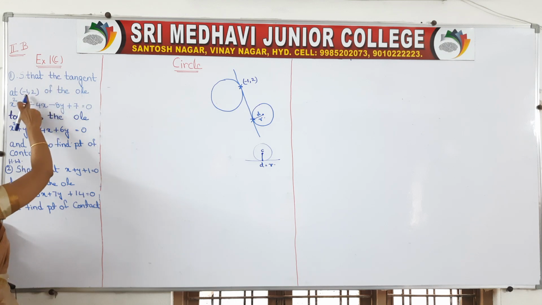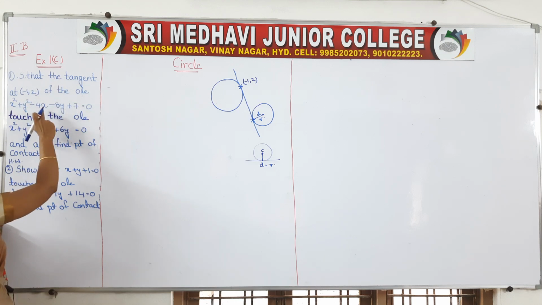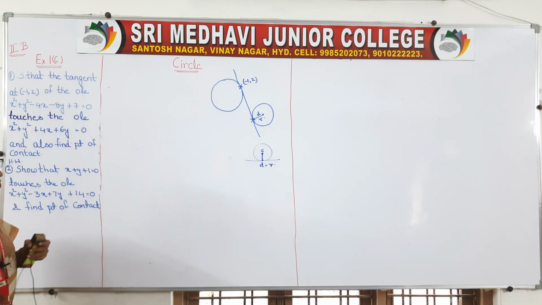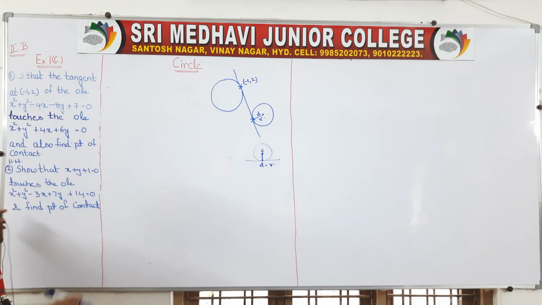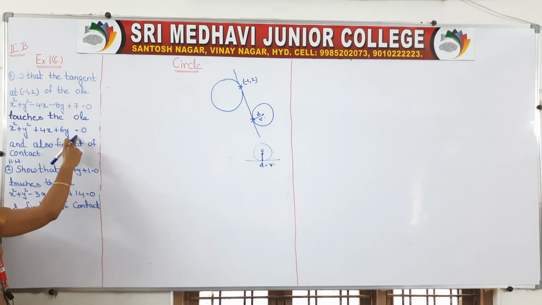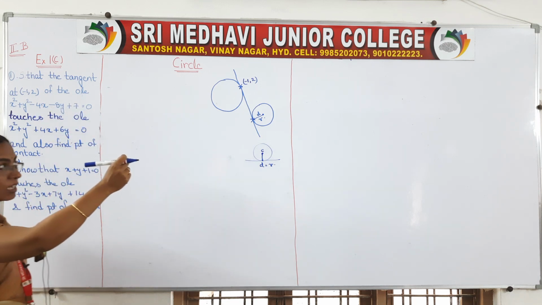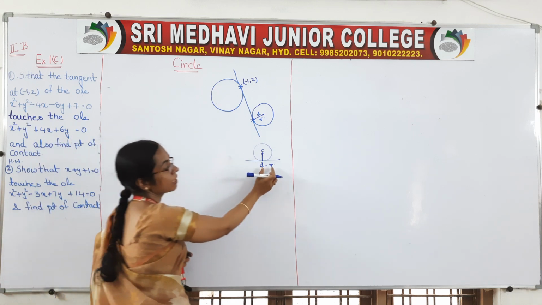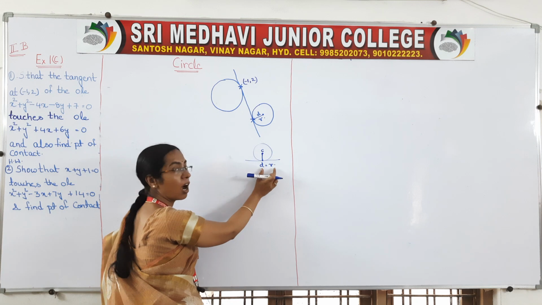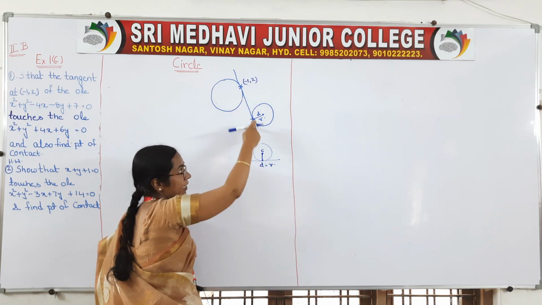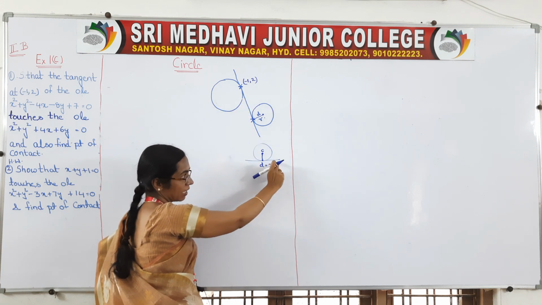Show that the tangent at (-1, 2) to the first circle. So first we have to find one tangent to the first circle, and show that it touches the second circle. So find out the tangent of the first circle, then you prove this condition d is equal to r, and you will get one line equation. That line is this one.